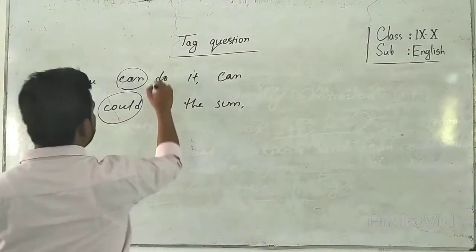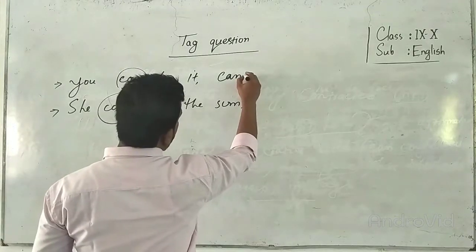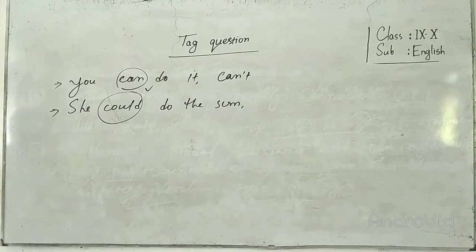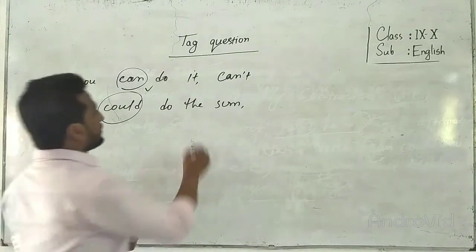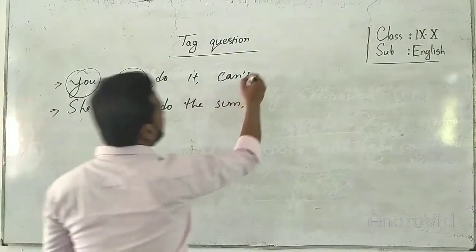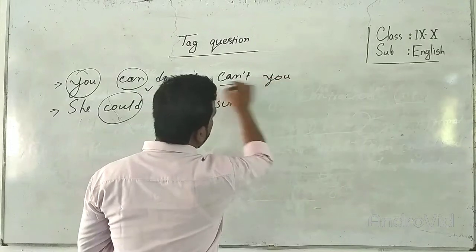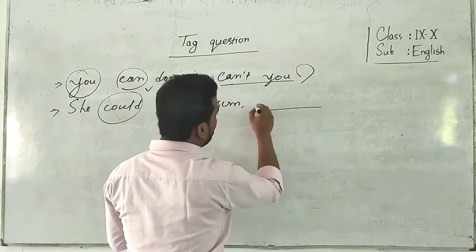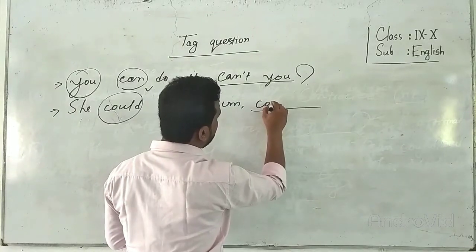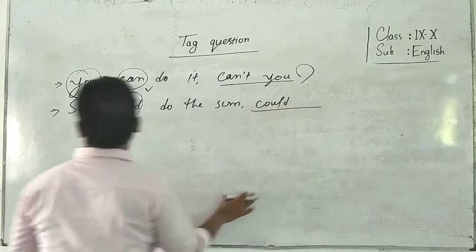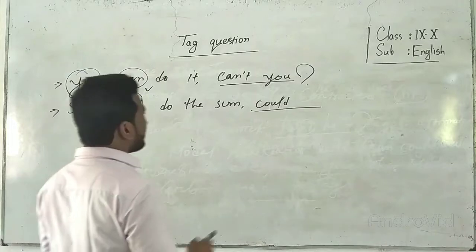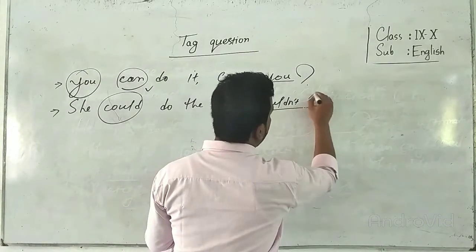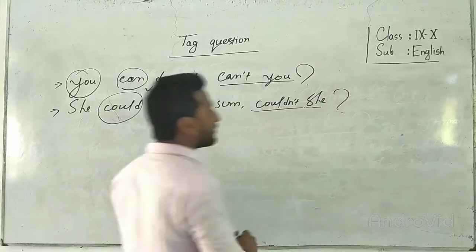The sentence is affirmative, so here the tag is in negative form. Can't, the subject is you, there is also you. Here is the modal auxiliary verb, could. The clause is affirmative, so the tag is negative. Subject is she, here is pronoun she.